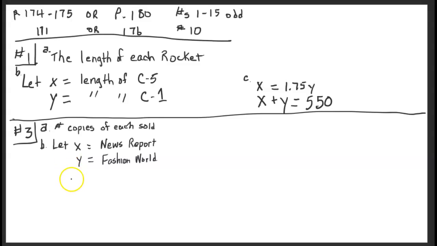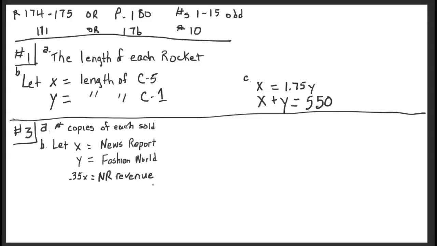Because that means if X is News Report, 0.35X will equal News Report revenue. So if we know the number of News Report copies and we multiply that number by 35 cents, we'll know the revenue that came in from News Report, or the receipts, since that's the word used in the problem.